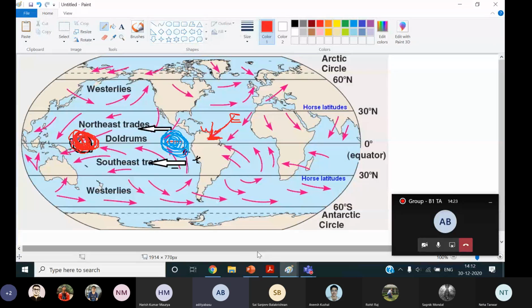Parallel to the doldrums, the pink lines, pink arrows. Okay, so you are saying that parallel to the equator, it's not possible for the winds to move. Yeah, I mean, solely based on Coriolis force. I might have missed some factor, but I don't know about them.